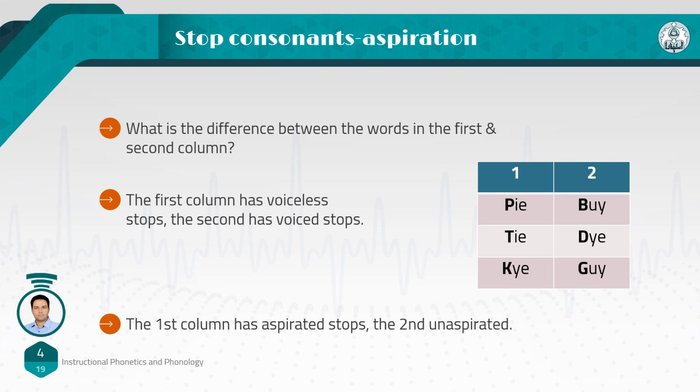This opposition may be said to be between the set of voiceless stop consonants and the set of voiced stop consonants, but the difference is really not just one of voicing during the consonant closure. As you can see, by saying these words yourself, most people have very little voicing going on while the lips are closed during either pie or buy.